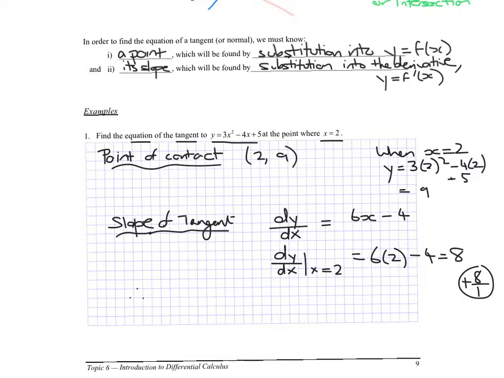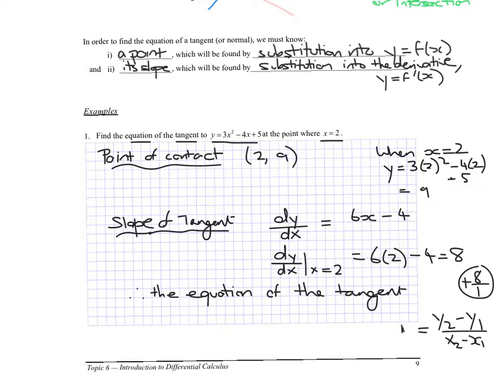So therefore, the equation of the tangent, we're going to do this using the slope formula. Remember the slope formula is y2 take y1 over x2 take x1. That equals the slope. So I'm going to say slope 8 is equal to, then instead of putting y2 and x2, I'm just going to put in general y and x. You'll see why in a minute. I'm going to put y take, and then I'm going to use this point up here.